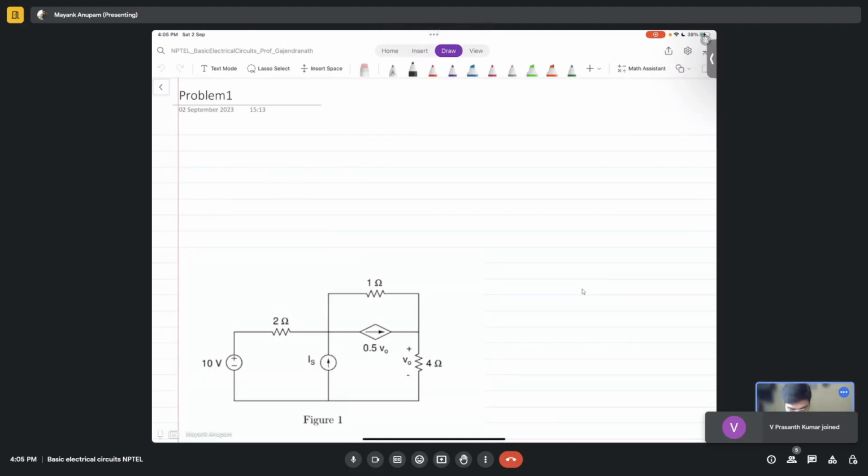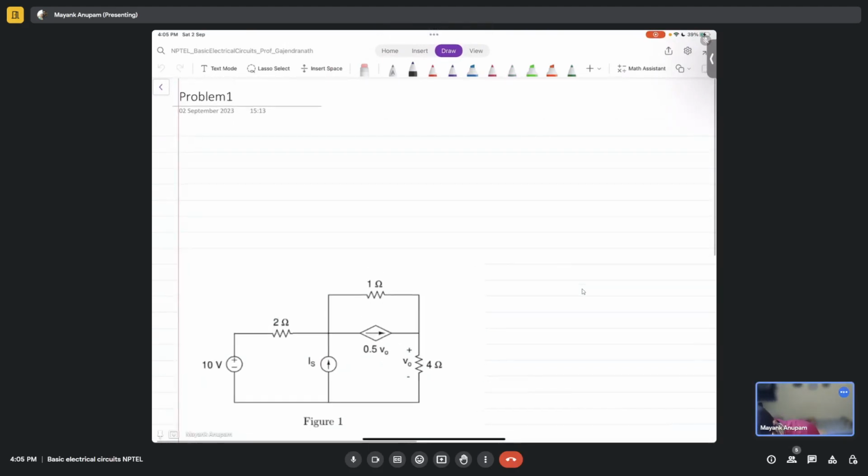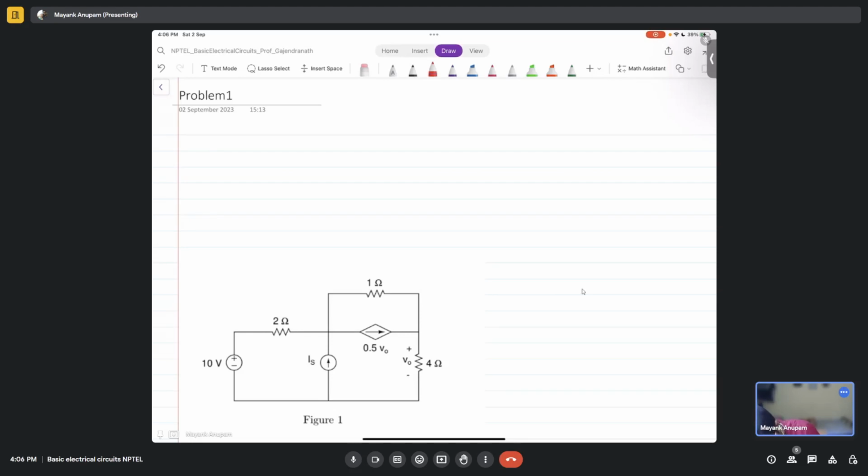Like all the other times, quick introductions at first. This course is an NPTEL course, Basic Electrical Circuits, and the instructor for this course is Professor Gajendranath Chaudhary.